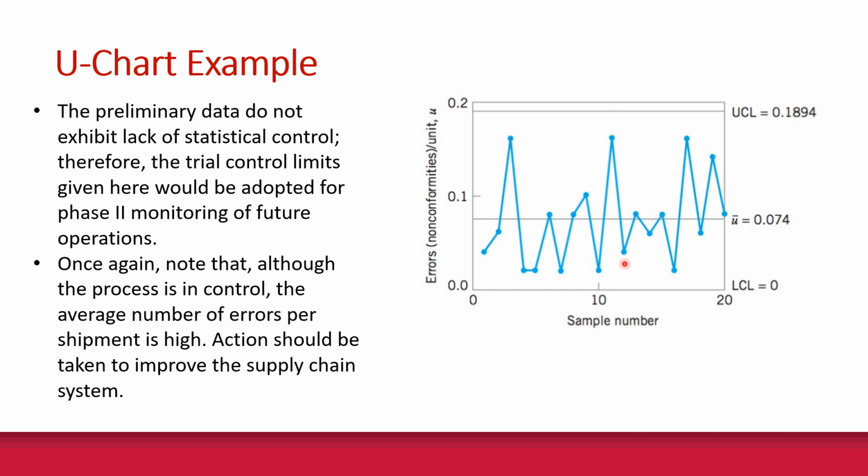It's a little bit concerning that there's such a wide variation here. It'd be a much better process if you saw these peaks not be so high and the lows not be so low. So this looks like you have plenty of room for improvement in your supply chain.